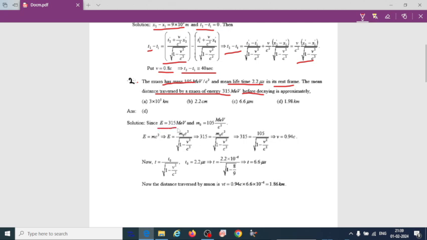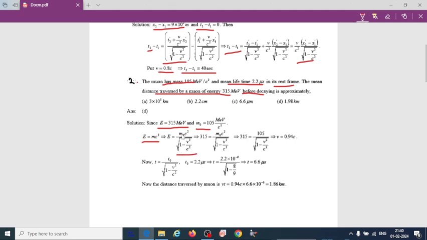They have given the energy, that is 315 mega electron volt, and the rest mass is 105 mega electron volt, the muon rest mass. Then Einstein's mass energy relation is E equal to mc square. The formula for relativistic mass is m naught divided by root of 1 minus v square by c square.